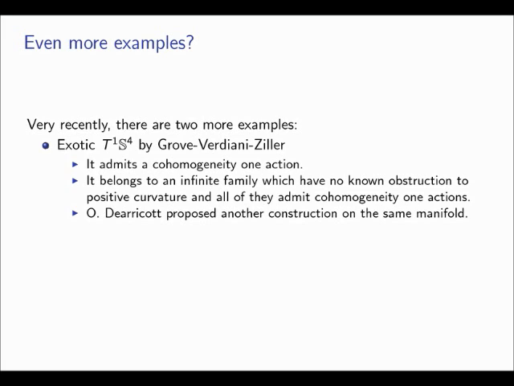Okay, so actually there are 28 exotic spheres in 7 dimensions. For one of these, Petersen and Wilhelm proposed a construction with positive sectional curvature.